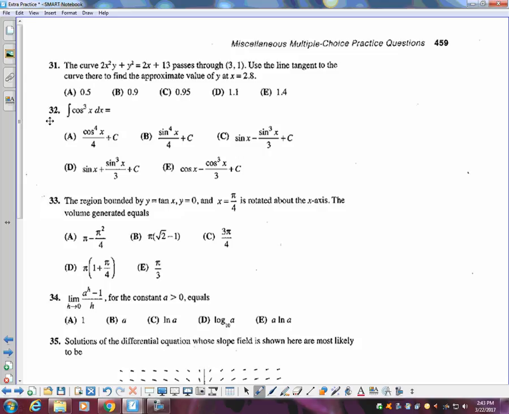Okay. Cosine cubed. Cosine squared, I could replace with 1 minus sine squared. That would get me a sine in my problem. So what if I took this and broke it like that? And then I took this guy and replaced him with the Pythagorean, 1 minus sine squared.